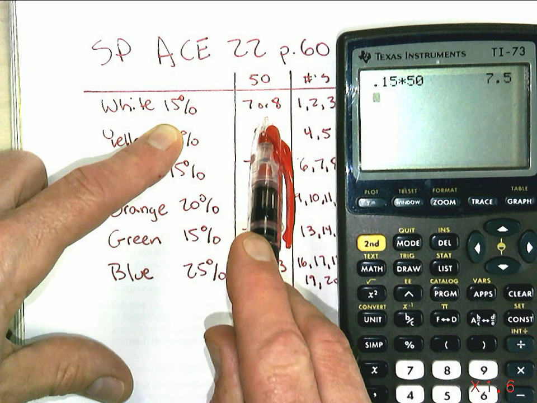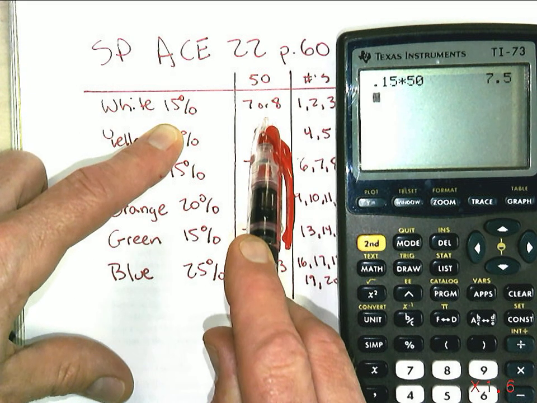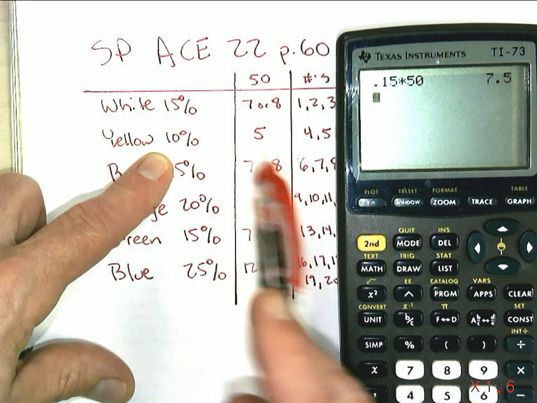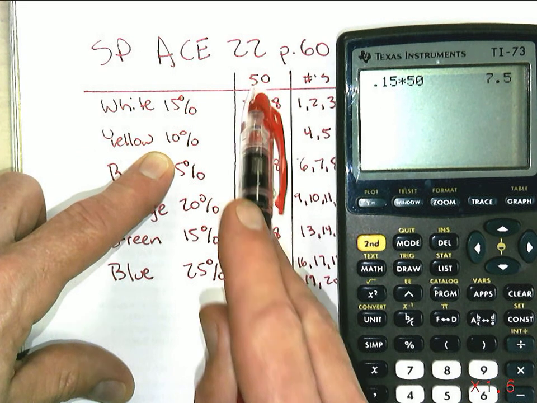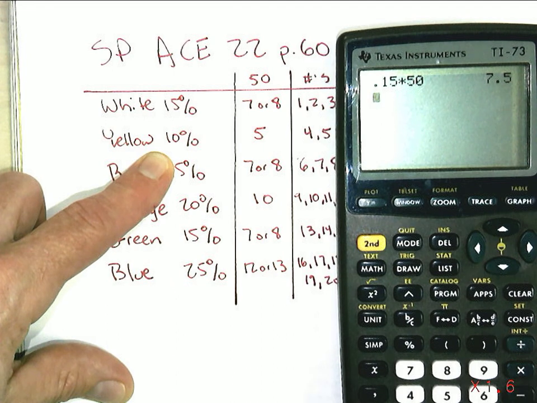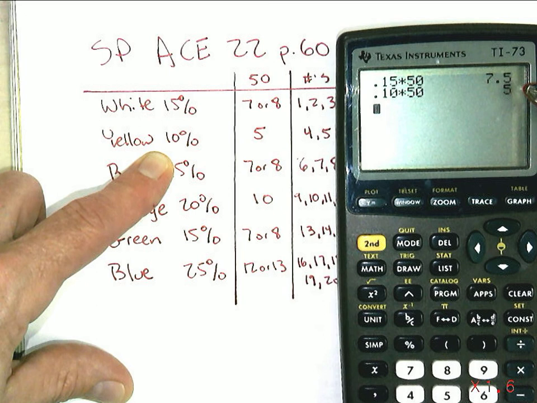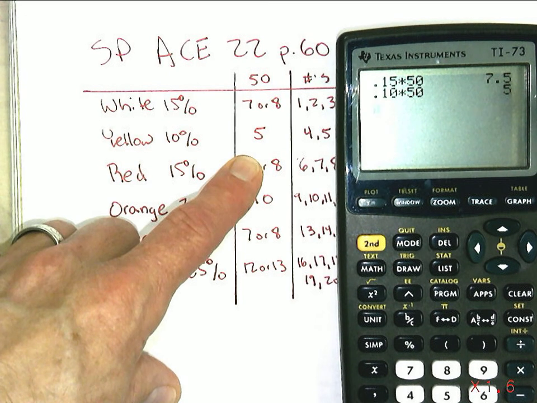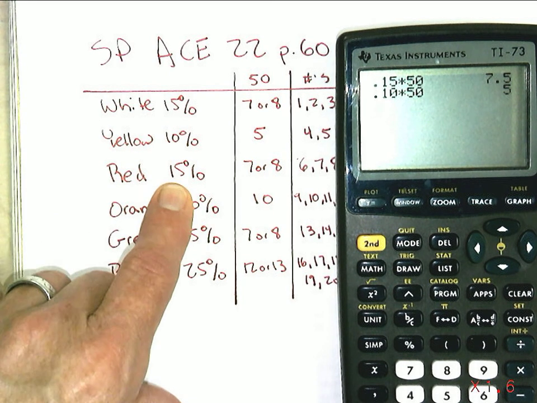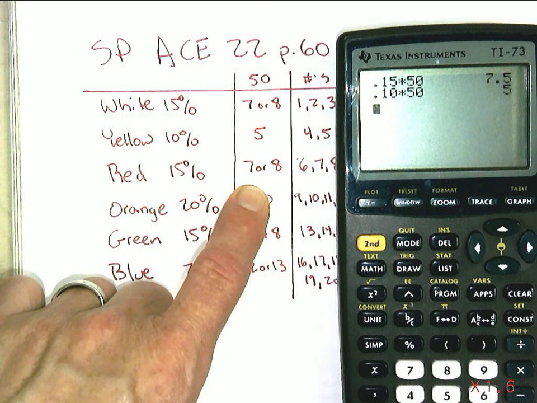I just said 7 or 8 of them would be white. I did the same with 10% of 50, and you may be able to do that without a calculator: 1/10, or 50 divided by 10, or 0.10 times 50, there's your 10%. Then we have 5 that we would expect to be yellow. And we've already done 15%, that's 7 or 8.